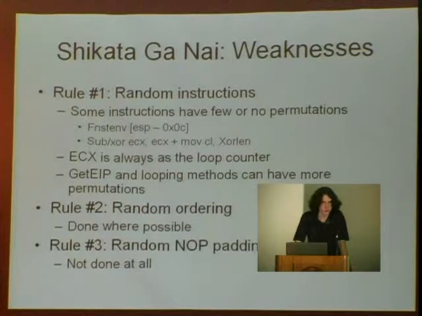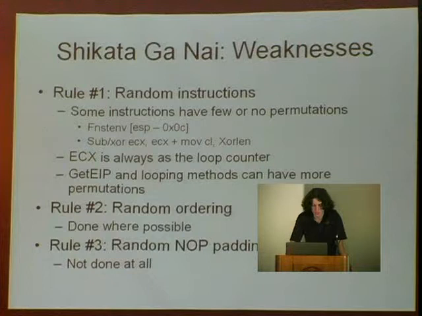So what are the weaknesses in this? If you look at the 3 rules of polymorphism, it has some weaknesses based on its implementation. For rule 1, many permutations are made for every single instruction. Well, some instructions have few or no permutations. For example, FNSTN, one of the instructions, is always there in every single shellcode, and it's the same 4-byte sequence, so this could be an indicator that Shikata-Ganai is in that packet stream if an IDS is looking at it.